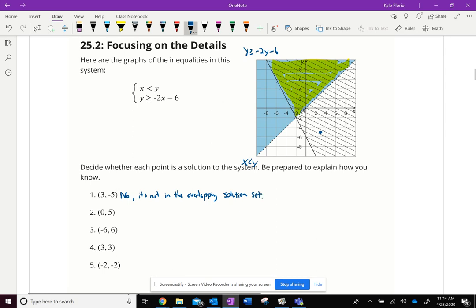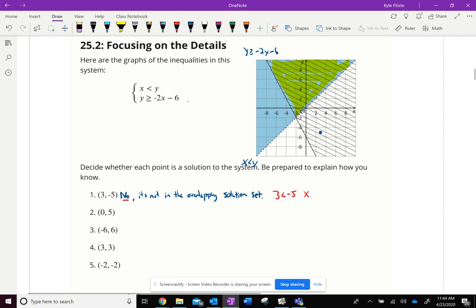Although it does work for the second inequality, it doesn't work for the first one. And we could look at it without the solution set. Is x less than y? Is 3 less than negative 5? That's a no. So that's why it doesn't fit the bill.